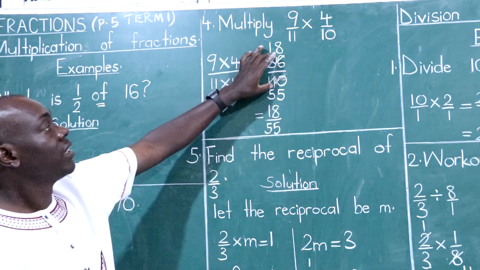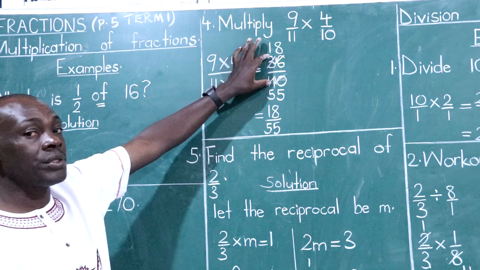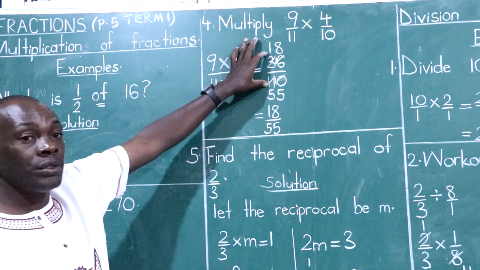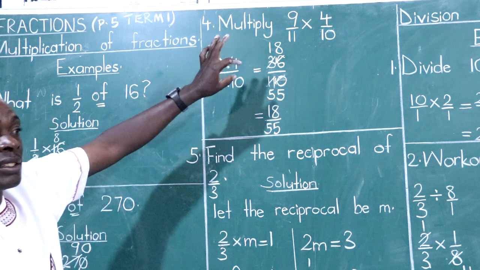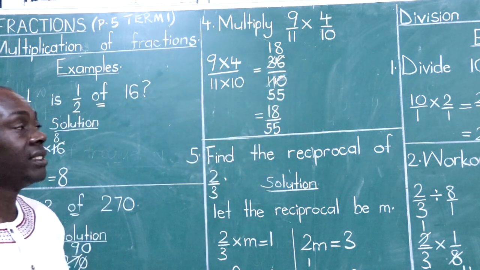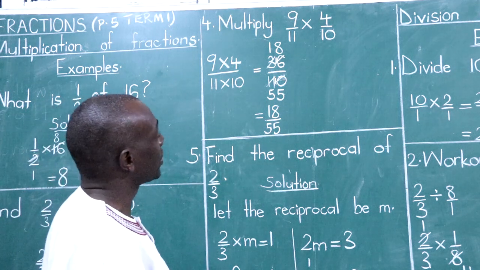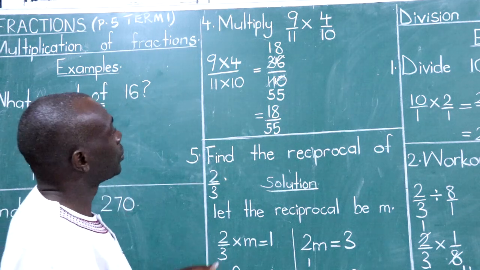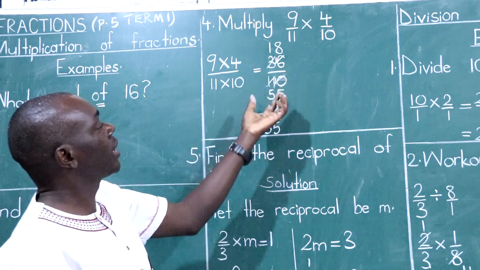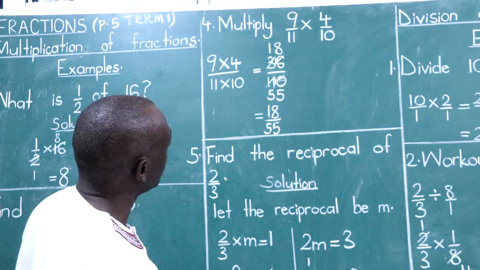But if the answer is none of those 4 and it's reducible, please do the needful and reduce. So look at 36 out of 110 and look out for the common divisor, because it seems reducible. 36 and 110 are both divisible by 2.